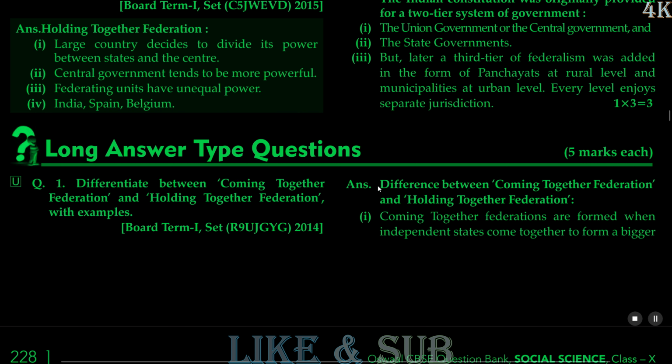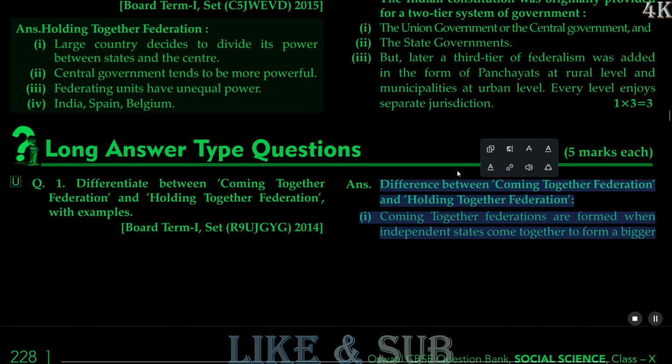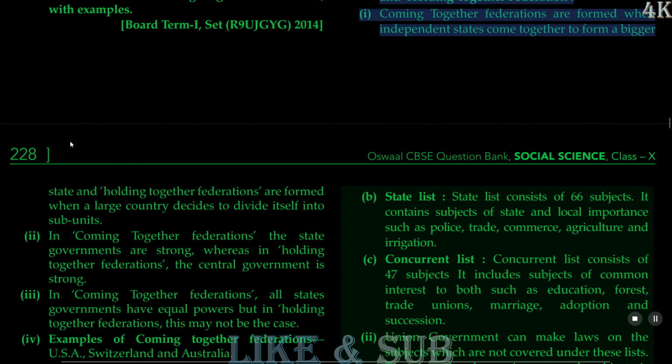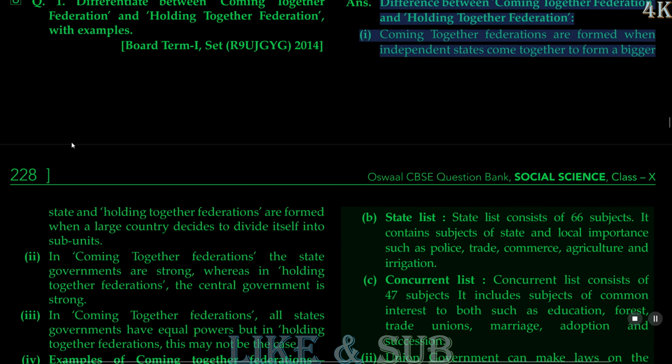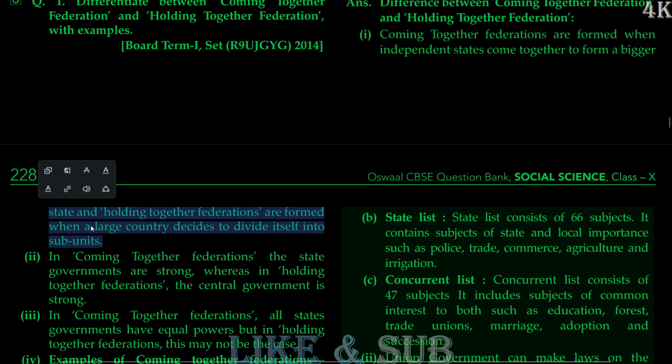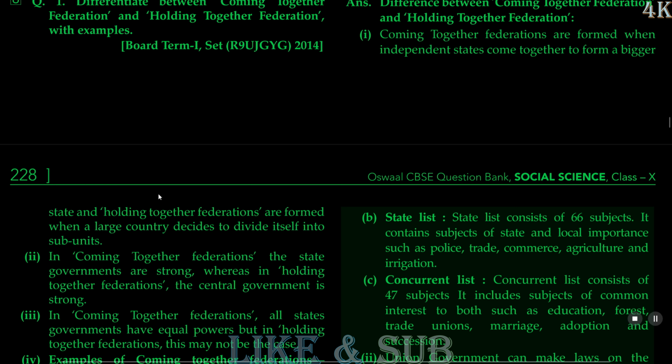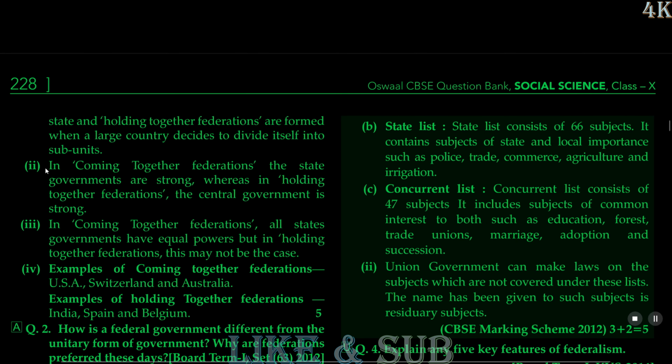Differentiate between coming together federation and holding together federation. 1. Coming together federations are formed when independent states come together to form a bigger state, and holding together federations are formed when a large country decides to divide itself into subunits. 2.